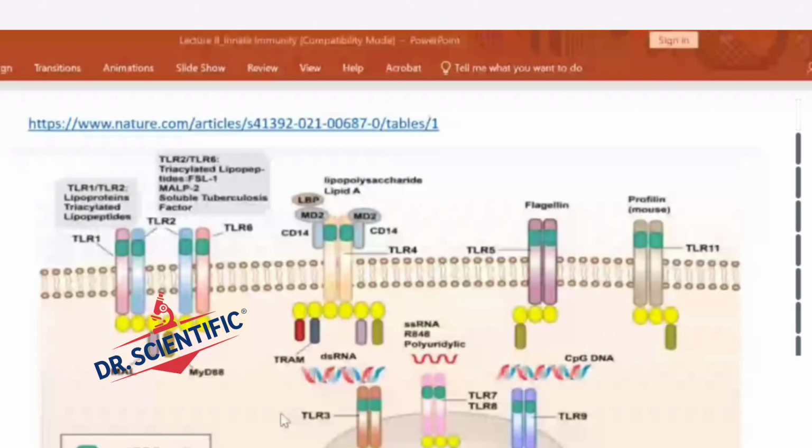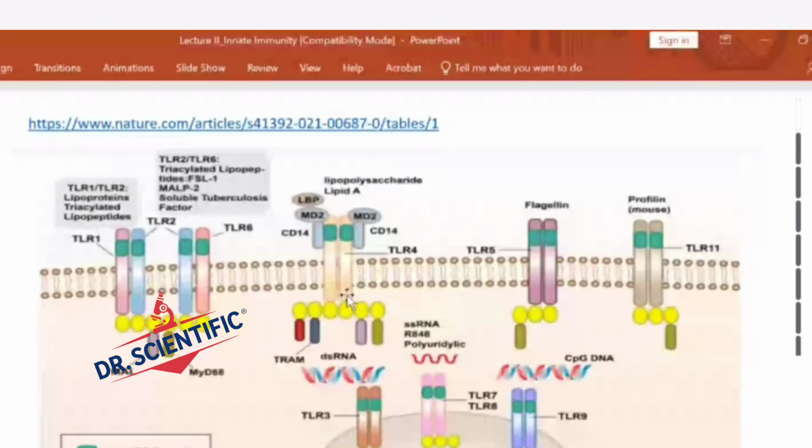And the work of pattern recognition receptors is to detect PAMPs. They are able to detect pathogen-associated molecular patterns. That is what they are supposed to do. So what I want to elaborate here is this: for instance, toll-like receptor 4.